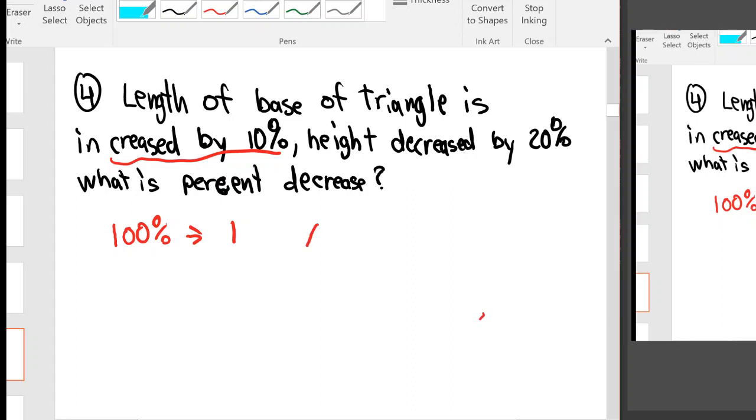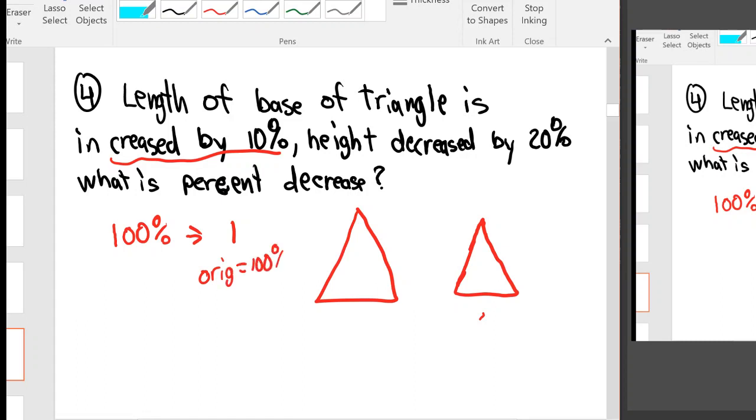There's triangle 1, and there's triangle 2, which I'll make a little bit bigger because there's a decrease. Triangle 1 is the original. The original is going to equal 100% of its value because it's the original thing.